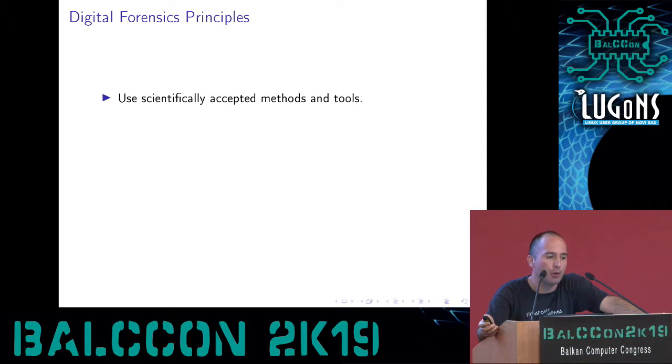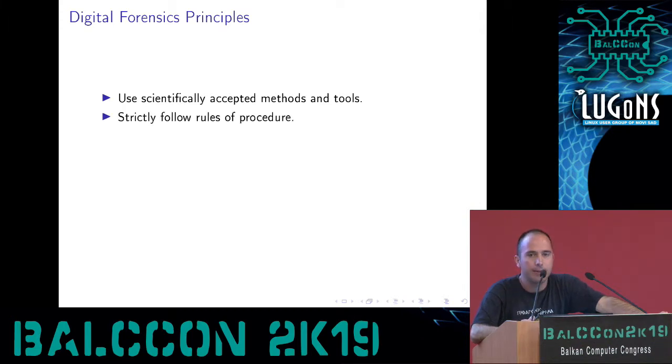There are several digital forensic principles, and most of those principles can also apply to any kind of forensic investigation. The first principle was already mentioned, and it says that we have to use scientifically accepted methods and tools.